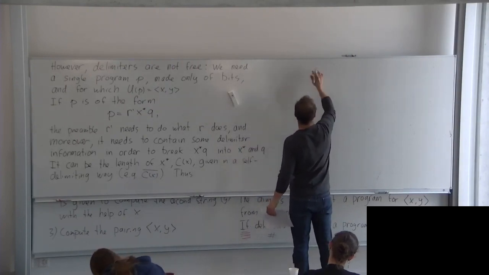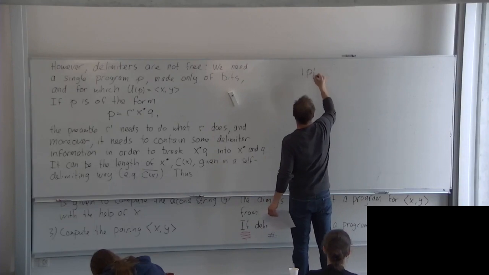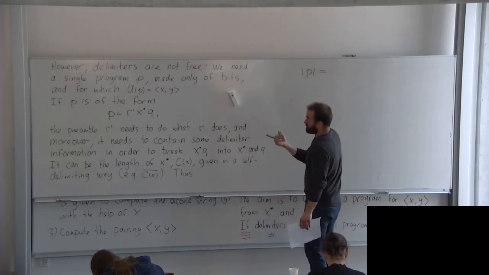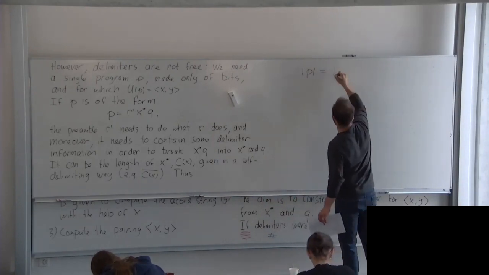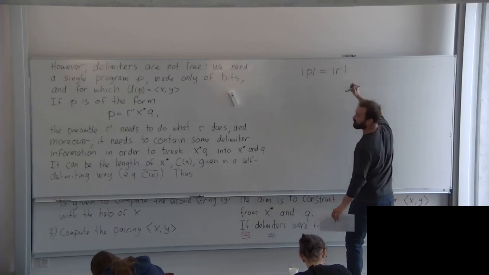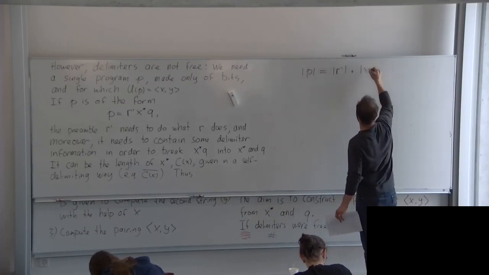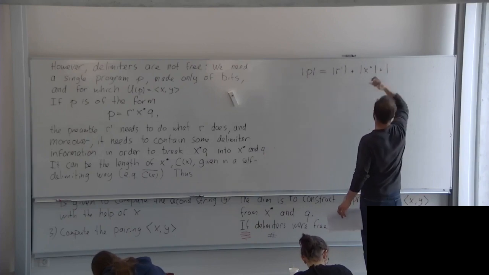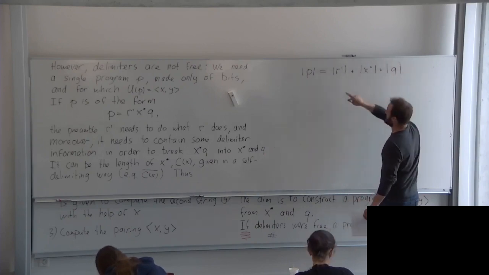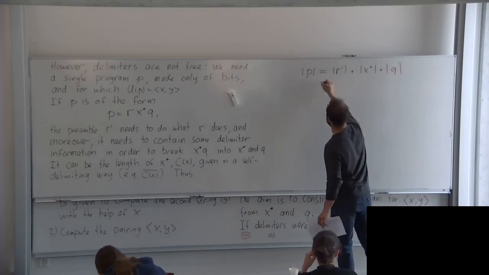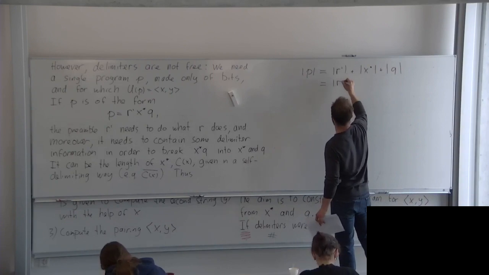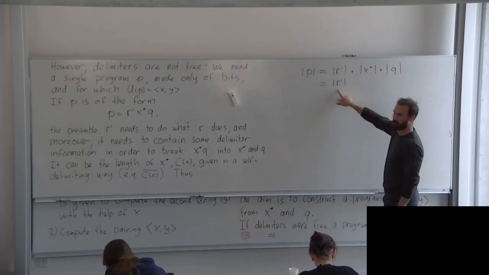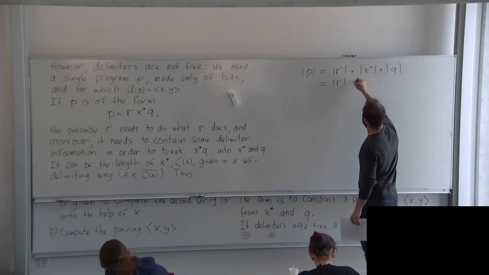Well, what's the length of P? First step of computation is quite easy. I'll just write length of R prime plus length of X star plus length of Q. That's an equal sign. Another equal sign is going to be, I'm going to leave length of R prime for later.